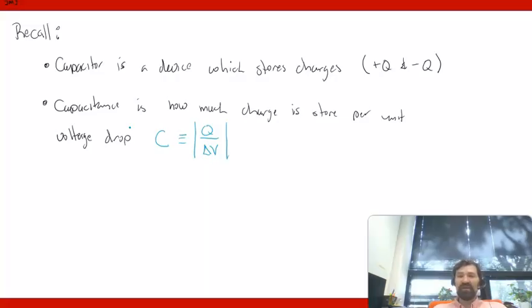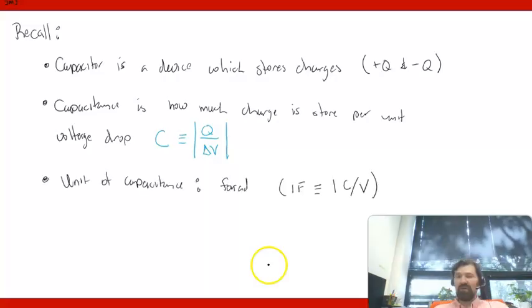So we're looking at just how much charge is being stored on, let's say, the positively charged conductor within the capacitor. And so it's Q over delta V with units of farad, where the farad is defined as coulombs stored per volt.